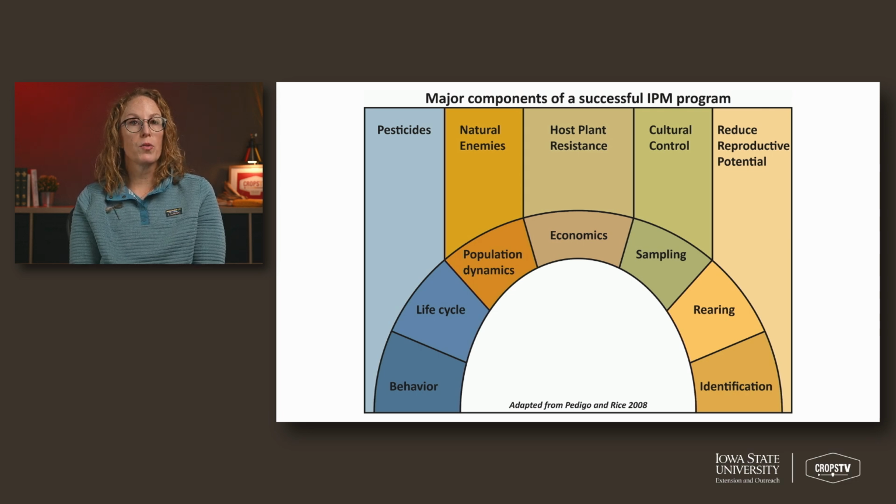And what we want to do again is use multiple tactics, hopefully in a proactive manner, so that we're not always using rescue strategies like foliar insecticides as a last resort.